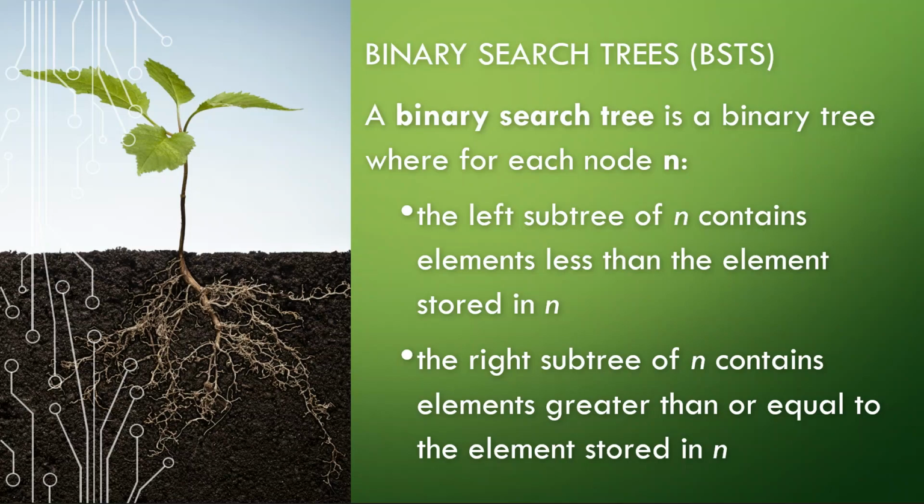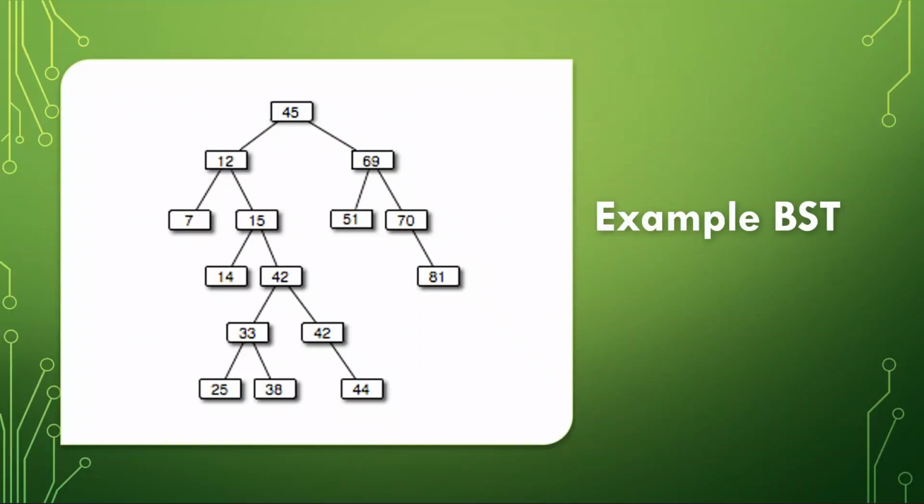And for every node n in the tree, the left subtree of n contains elements less than the element stored in the current node. So whatever the data is and however you're comparing it, anything in the left child coming off the main node, and any subtrees from there, will be values less than it. And the right subtree, from the right child going forwards, will be values greater than the current node you're working with.